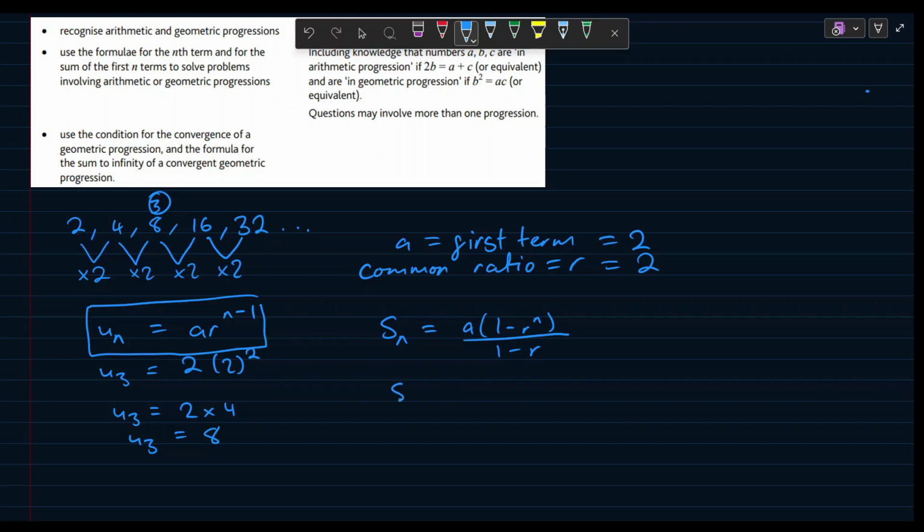So the sum of the first 4 terms here would be a, which is 2, times 1 minus r, which is also 2, to the power n, which is 4, and this is over 1 minus our common ratio, which is 2.